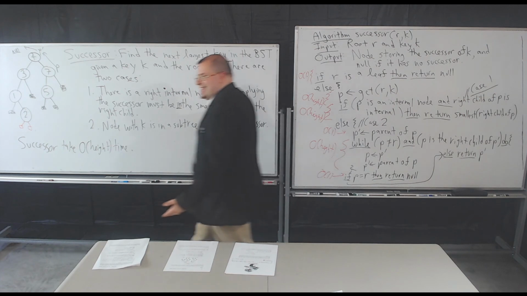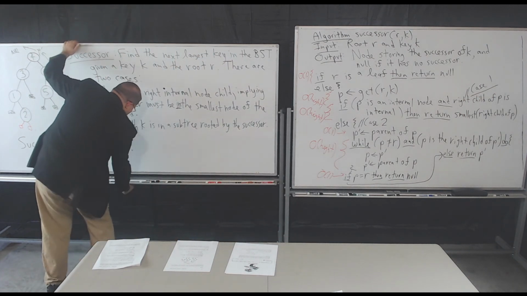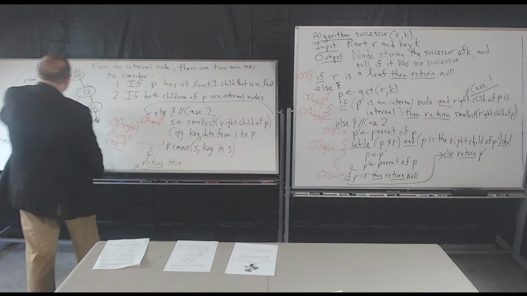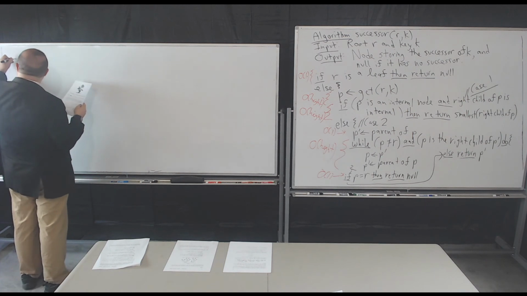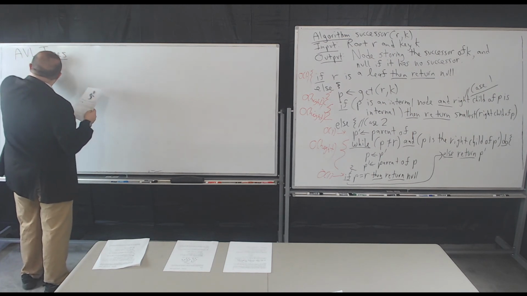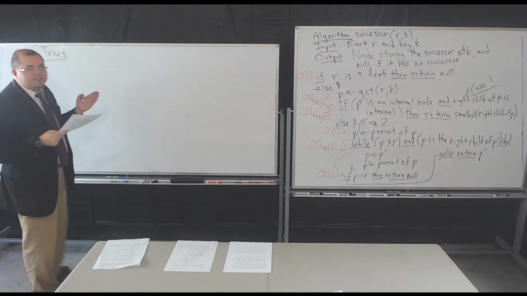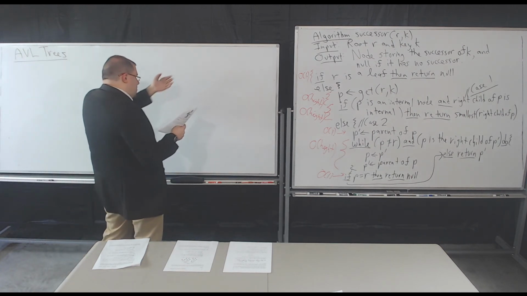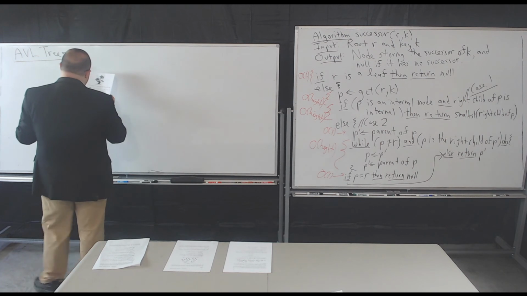What is the height? So we're going to switch gears. We're going to start talking about a topic. The next topic we're going to talk about is AVL trees. But before we actually talk about these specifically, I want to talk about what we're doing here with binary search trees.